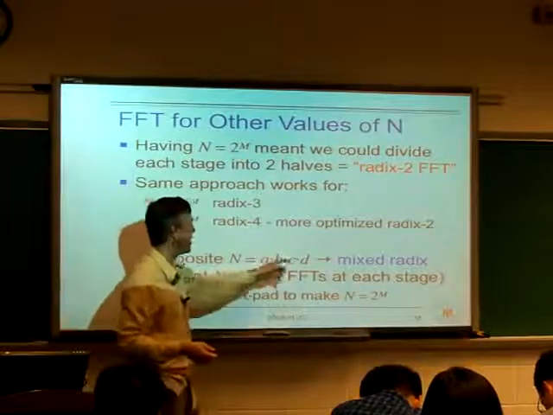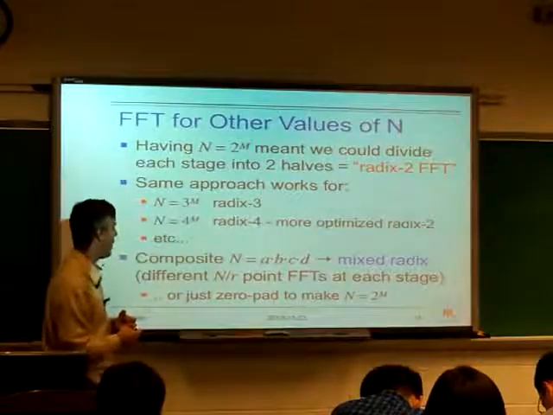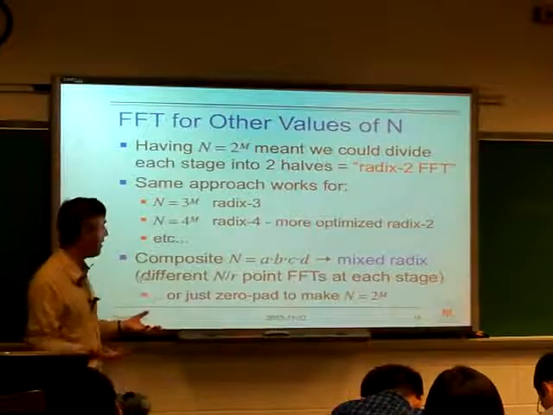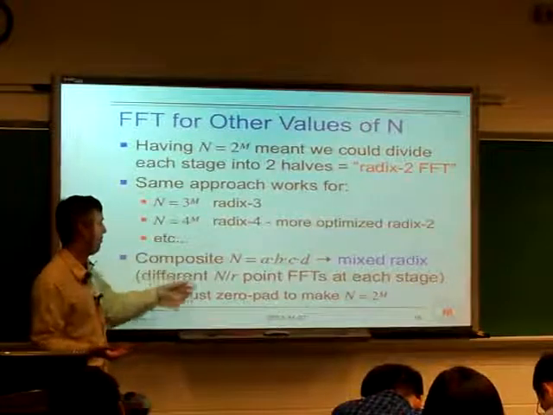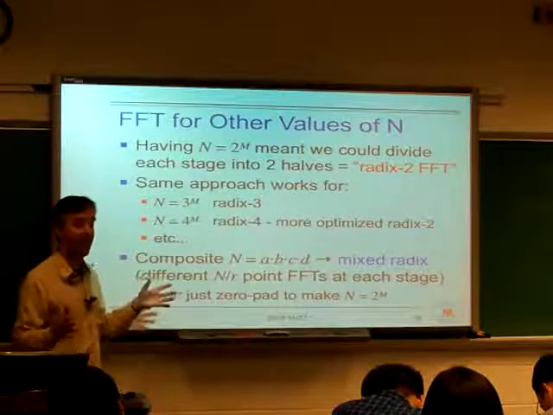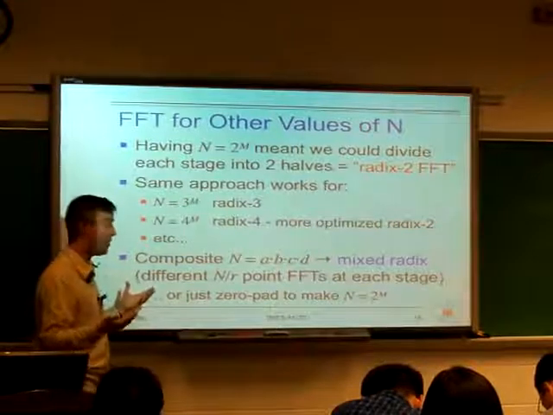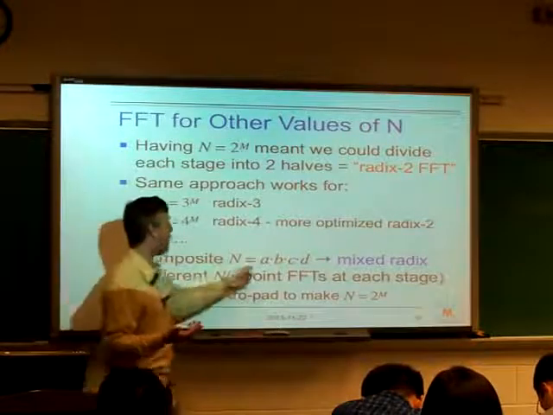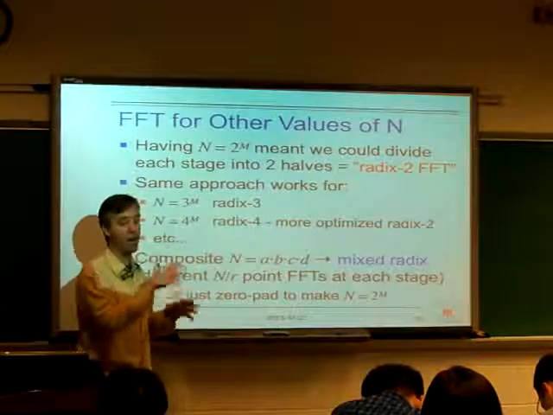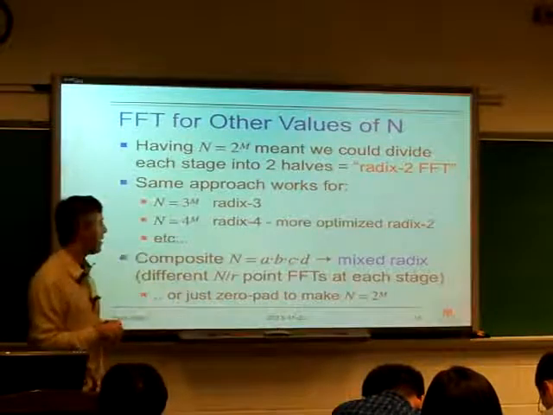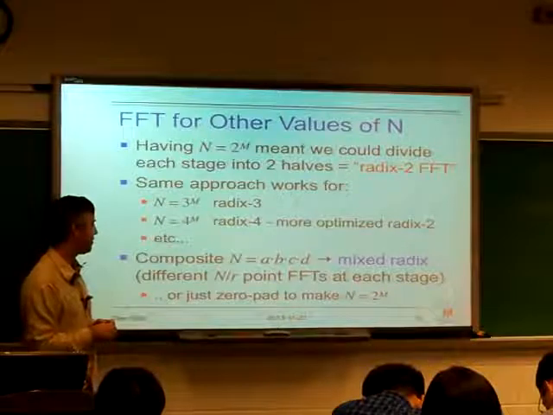So you can have these mixed radix FFTs, and that'll actually give you, for an arbitrary value of N, the best FFT-type speedup by figuring out what the factors of that size are, and then doing each of those different radix decompositions at each stage.